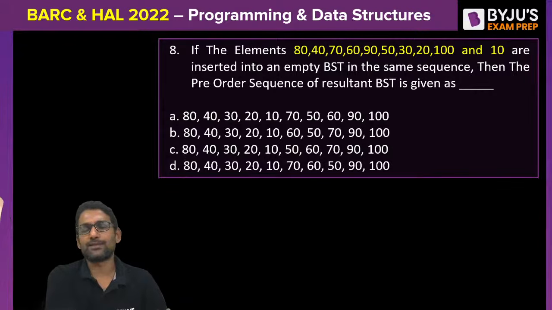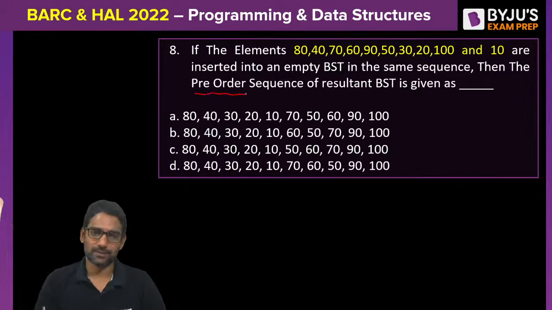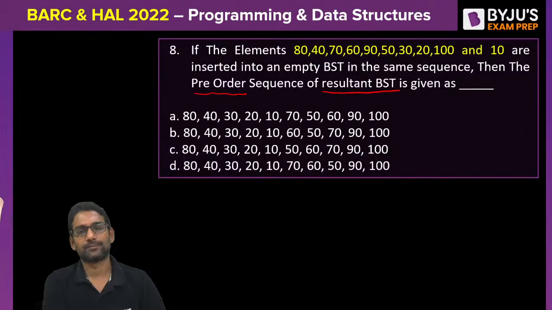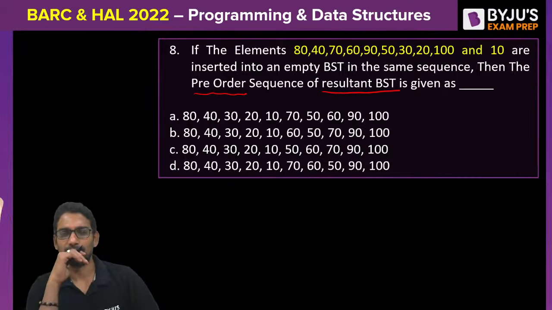If the elements 80, 40, 70, and so on to 10 are inserted into an empty BST in the same sequence, then the pre-order sequence of the resultant BST is given as. Solve it quickly and give the answer.